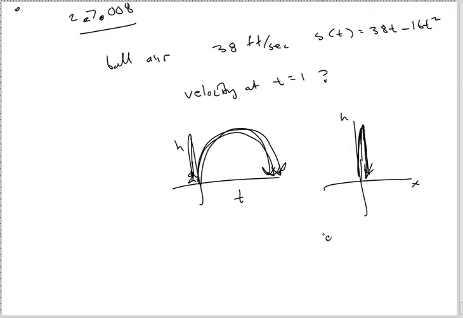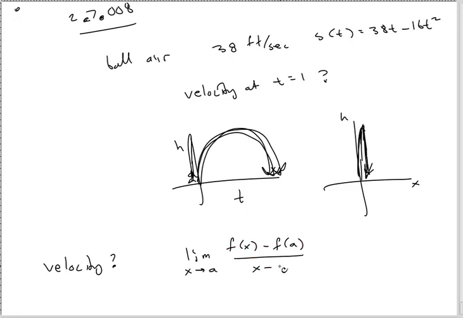Okay, so what is this velocity formula that we need? It says find the velocity. What's the velocity formula? Well, here we go. It's the limit as x goes to a of f of x minus f of a, divided by x minus a.